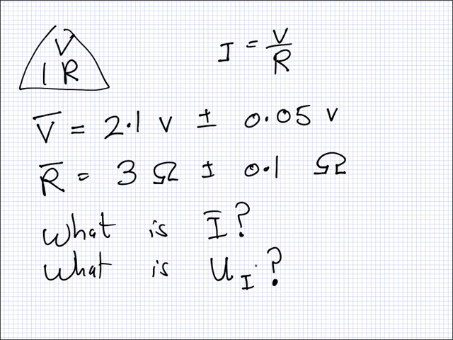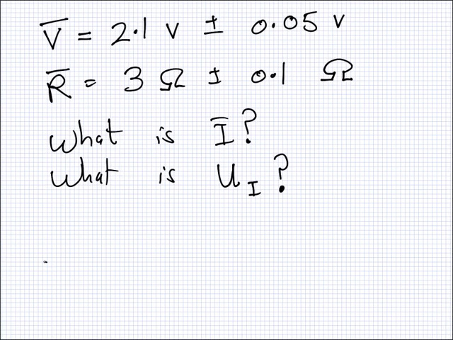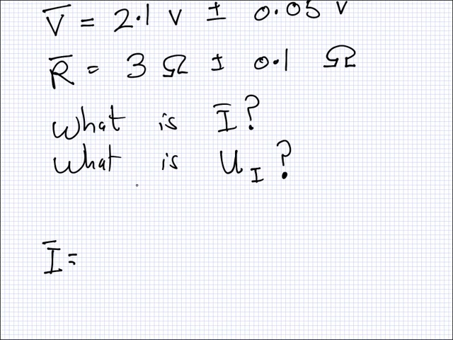How are we doing here? Did you get the I? The I is V over R. What's that? 0.7 amps. And what about the uncertainty in the I? Final answer, 0.0287. That seems believable.